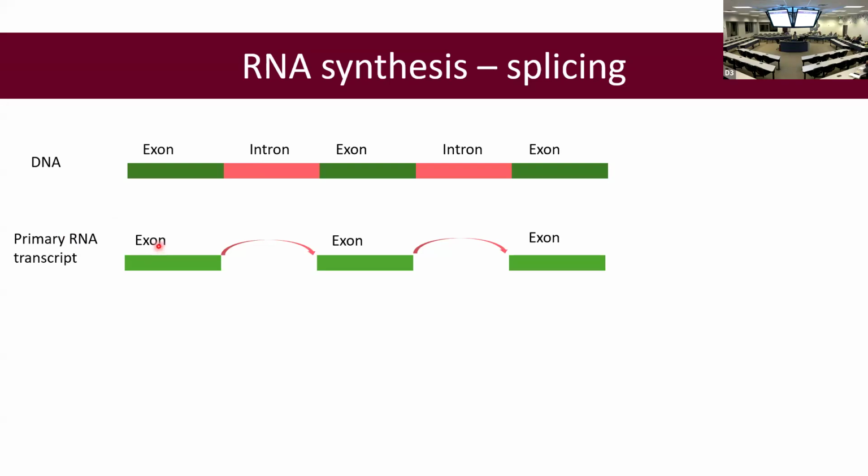They come and splice out these intronic regions, which no longer have a function because at this point we have RNA and we don't need the stability that DNA requires. And after removing these intronic pieces, all the exons are joined together to create what we call the messenger RNA.